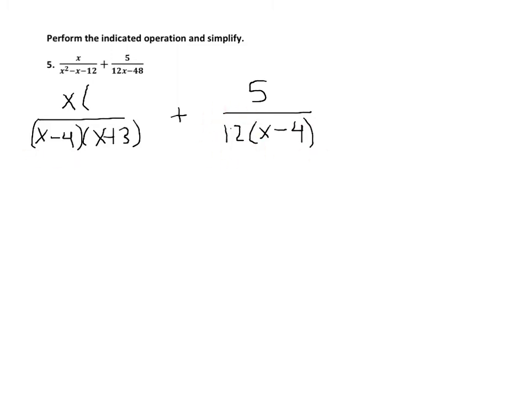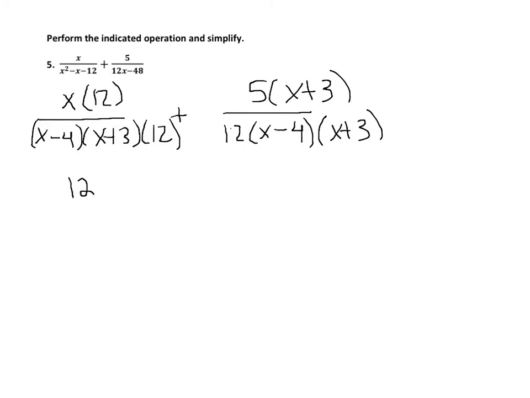So that means I have to multiply this top and bottom by 12. Then you go, what's the second one missing from the first? They have the 12, they have the x minus 4, but this one here does not have the x plus 3. So that means you got to go x plus 3, x plus 3.